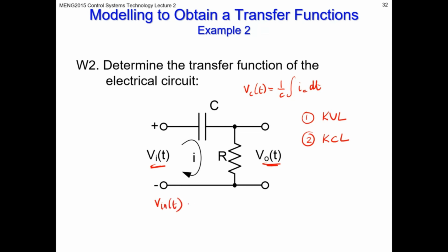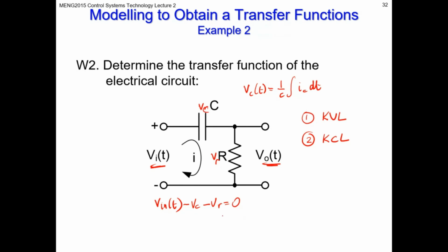Simply, without having to substitute in the actual equation for the capacitance or the resistance, you could say the voltage across here is VC, and the voltage across here is VR. So you could write Vin minus Vc minus VR equals 0.